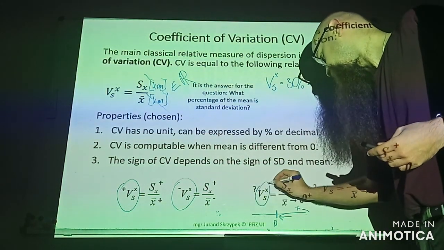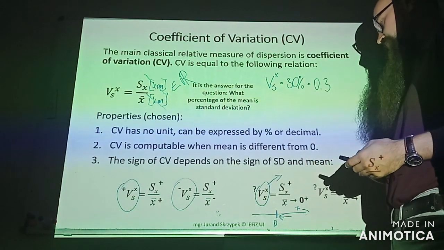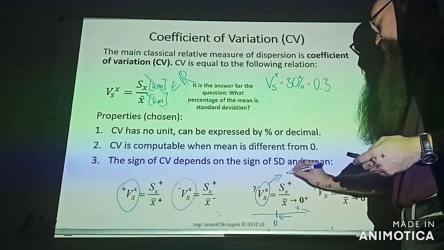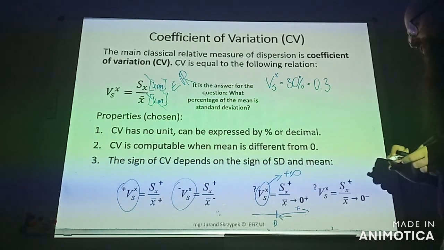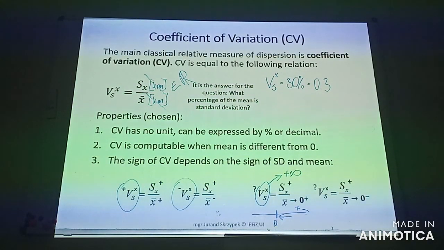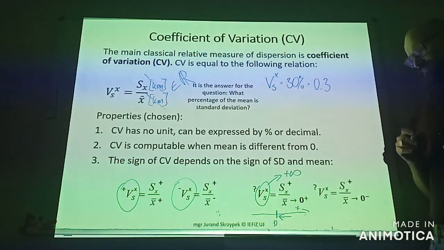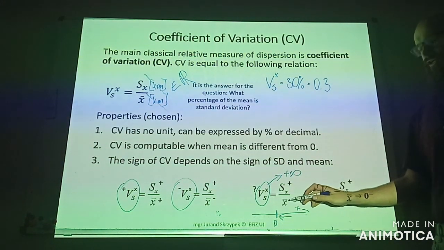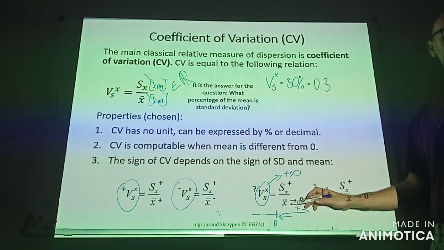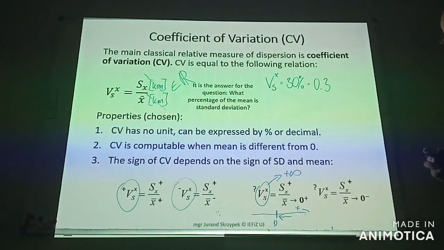So coefficient of variation is approaching plus infinity here. So it's not a good idea to compute the coefficient of variation if arithmetic mean is approaching 0.